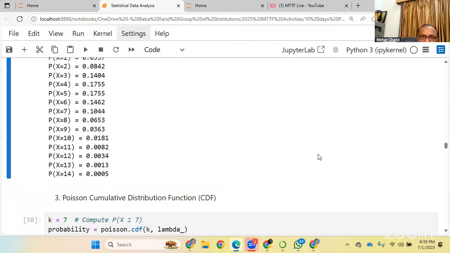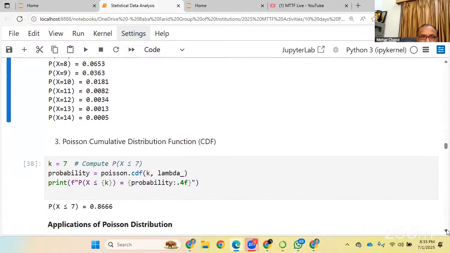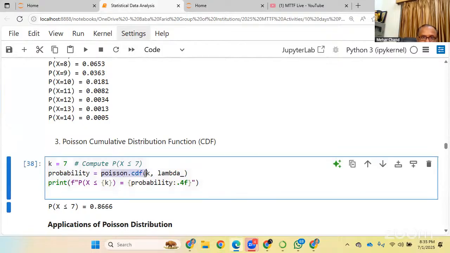And then the cumulative distribution function, if you need to compute it, we can do that here also. If we have k equal to 7 and we need the Poisson cumulative distribution function, here poisson.cdf of k and lambda, but the value of k is 7.